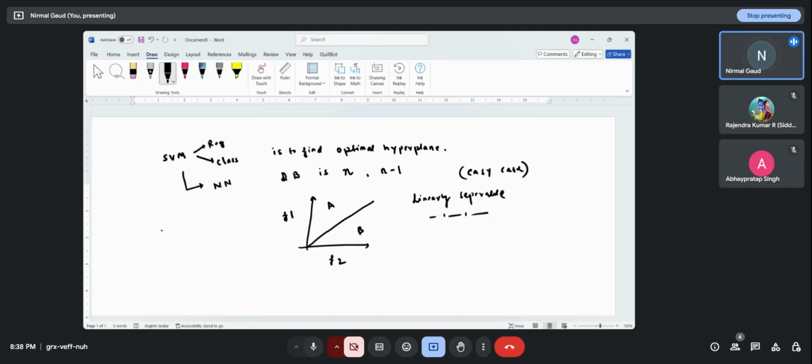That means we project such data points onto a higher dimension, then we can classify or separate them. The concept of hyperplane is very important here. We need to find the optimal hyperplane, and the entire maths of SVM is based upon the optimal hyperplane only.